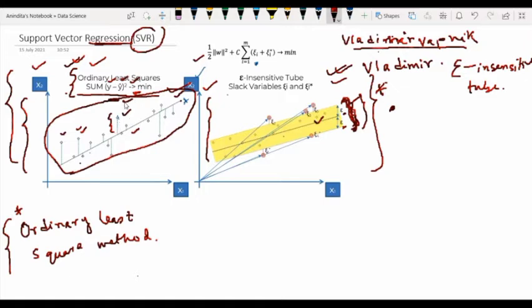But in support vector regression, though it is also a regression and we have one regression line, first we create a tube and take one value epsilon, which is termed the width of the tube and is drawn perpendicular to the x2 axis. That's why the concept I am going to apply is known as the epsilon insensitive tube. So here we have a line and a tube.